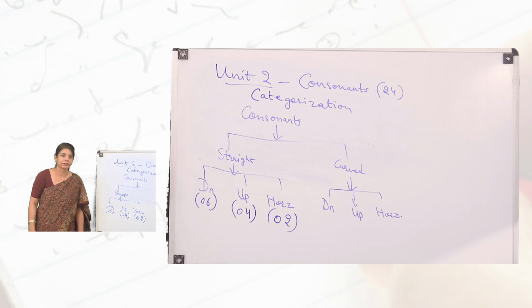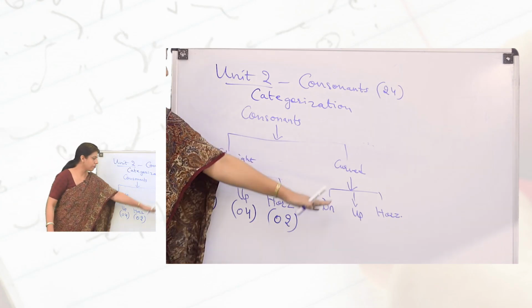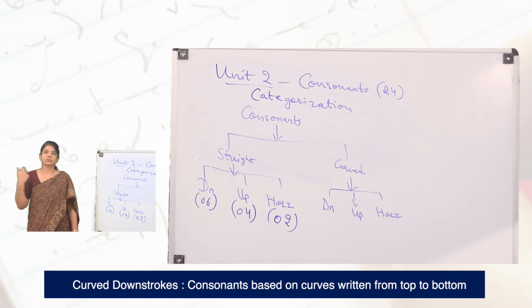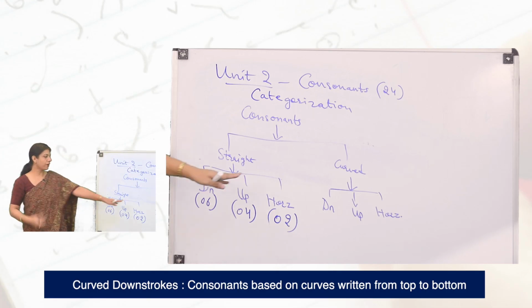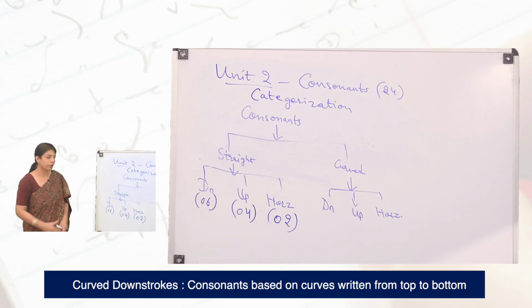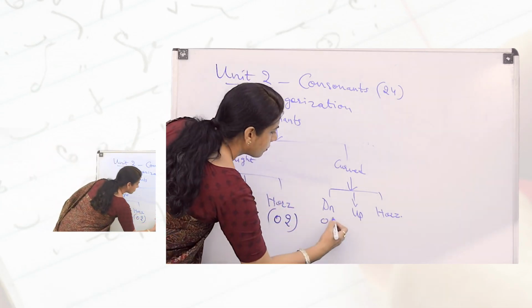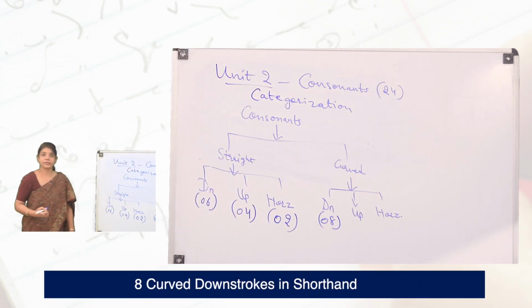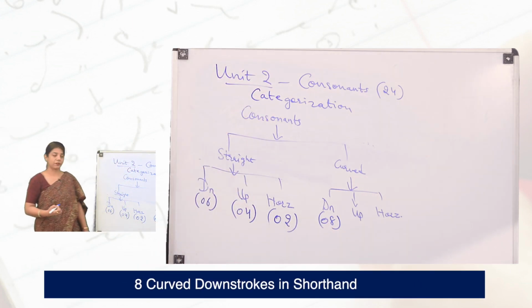Moving to curved. First of all, we have curved downstrokes. How will you define curved downstrokes? The strokes based on curves written in downward direction from top to bottom. They are curved downstrokes. And we have a total of 8 curved downstrokes in shorthand.